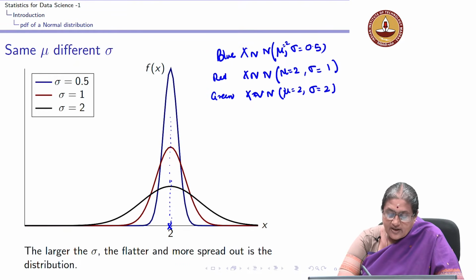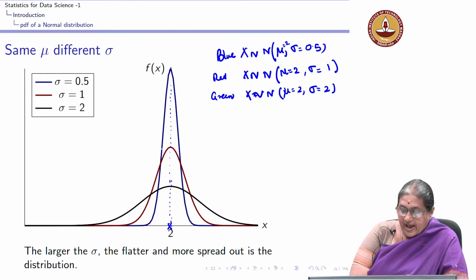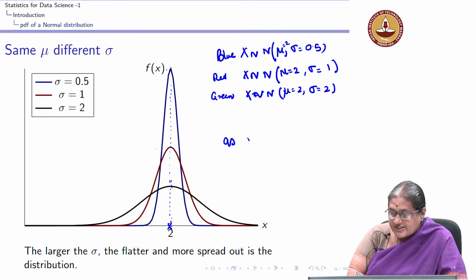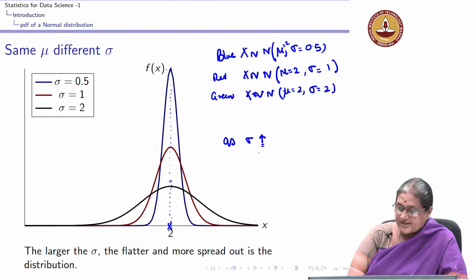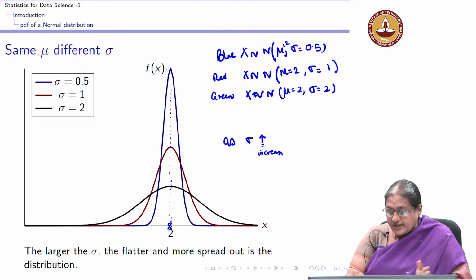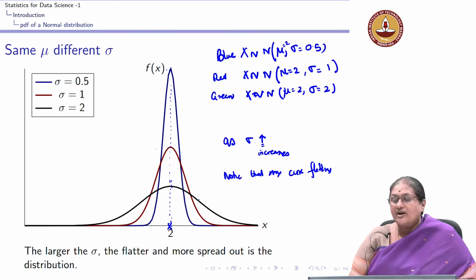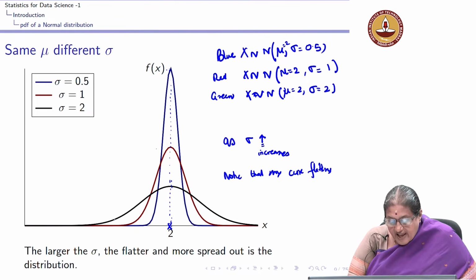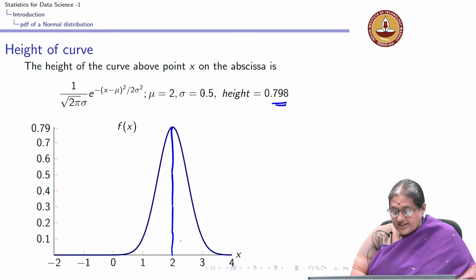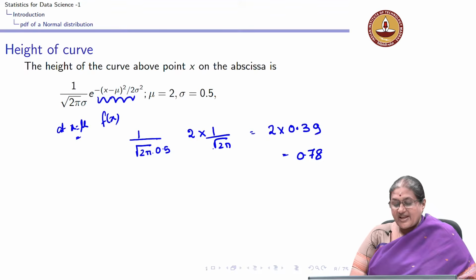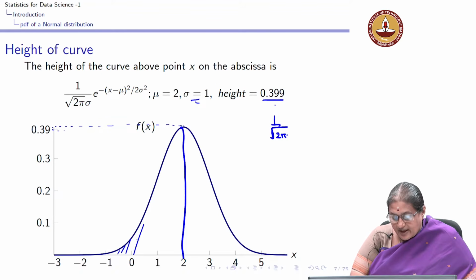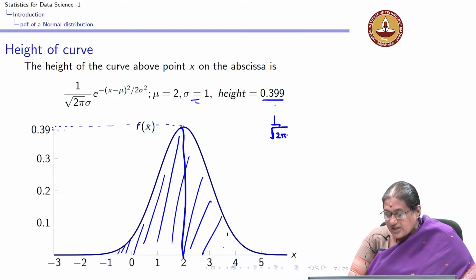All the 3 curves have the highest point at x equal to mu, but what we notice is as sigma increases, that is as my variability increases, my curve flattens. Since f of x is a density function, the area under f of x should always be equal to 1.